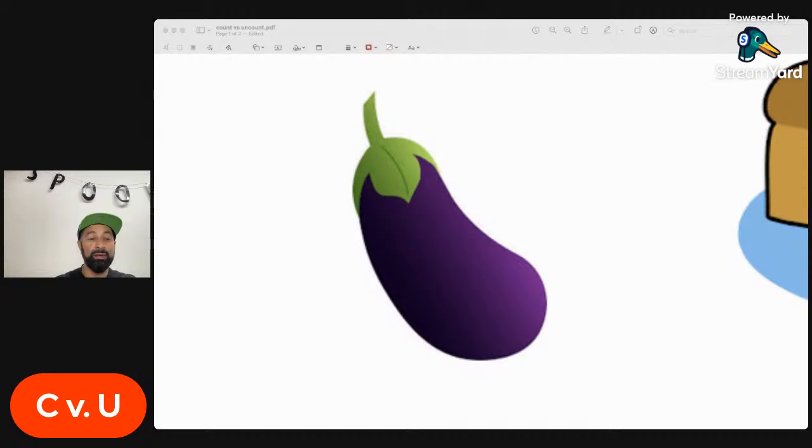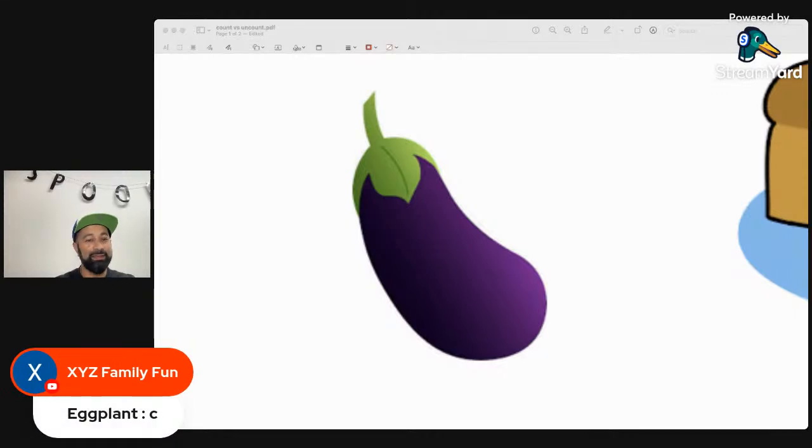This is one of my favorite vegetables. I love this vegetable. And XYZ, you are correct. It's an eggplant and it's countable. Very good. Very good. All right, let's keep moving.